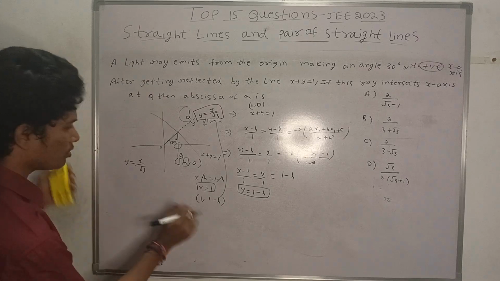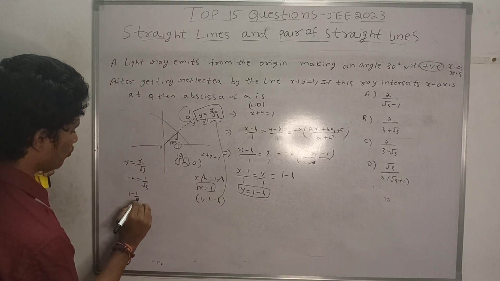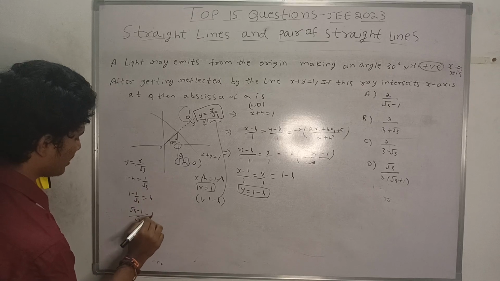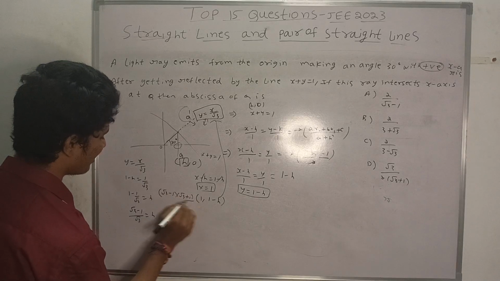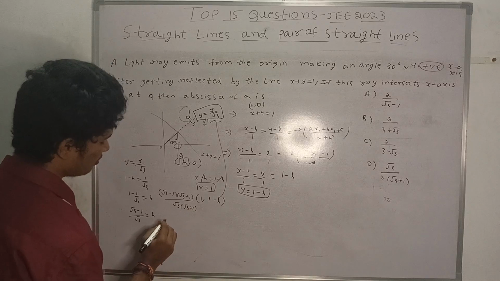1 comma 1 minus h. So basically 1 minus h equal to 1 by root 3, 1 minus 1 by root 3 equal to h, root 3 minus 1 divided by root 3 equal to h, root 3 minus 1 into root 3 plus 1 divided by root 3 into root 3 plus 1.